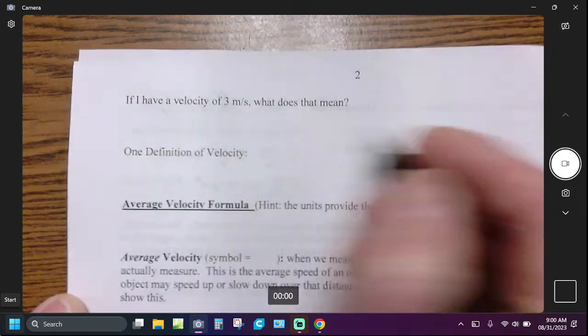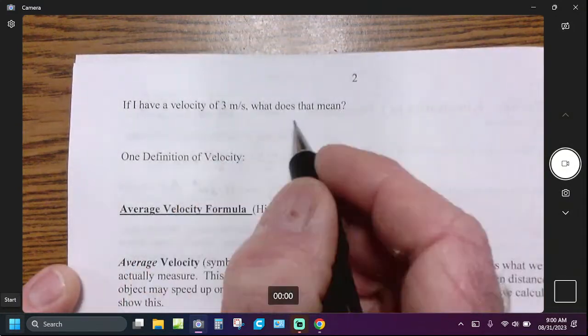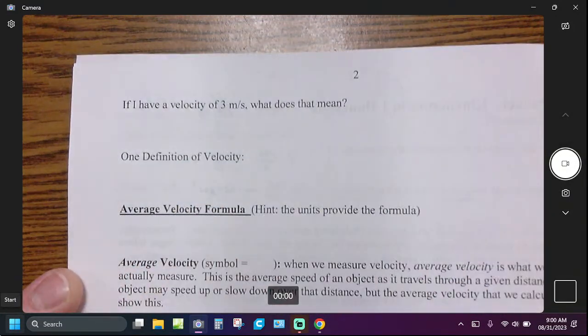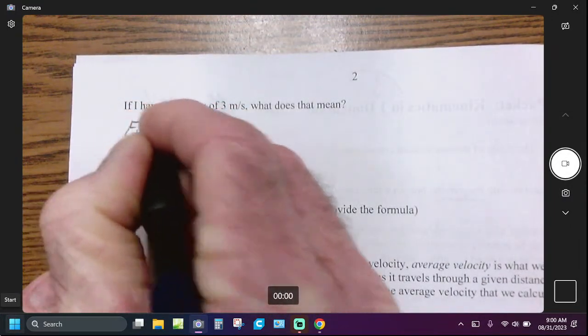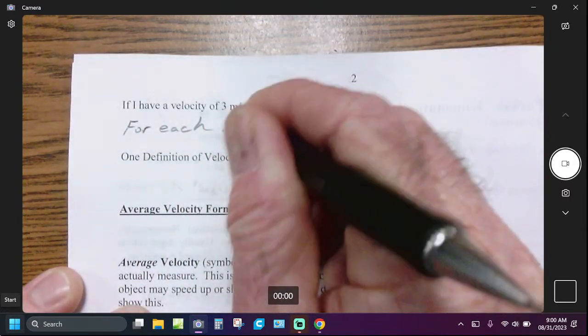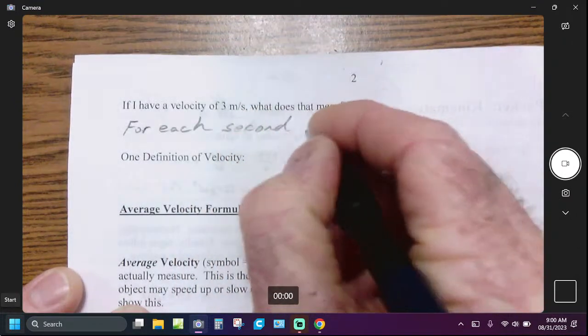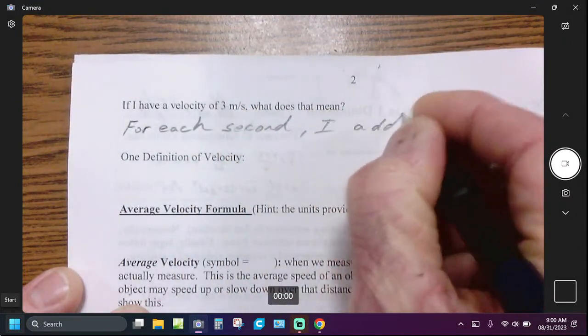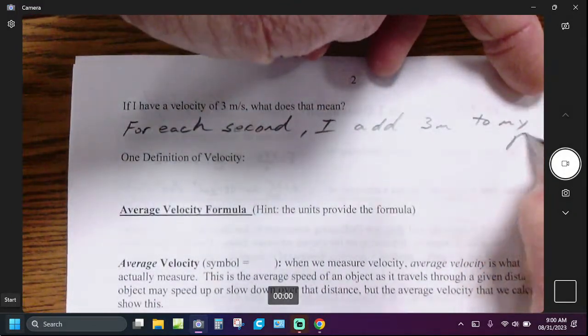I'm just going to keep this one. So you can write whatever you want or nothing here. That's how these notes work. We could say that for each second, I add 3 meters to my position.